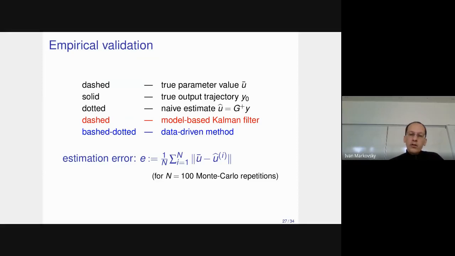Of course you don't get as good performance as the maximum likelihood estimator, but the question is how far it is from the optimal, and how it compares with the naive estimator, which just uses the noisy data and basically waits for the transient. The performance criterion that I show measures the difference between the true parameter and the estimated parameter in a certain norm over a number of Monte Carlo repetitions.